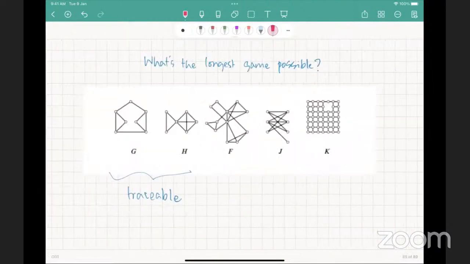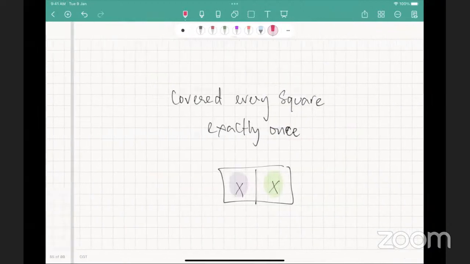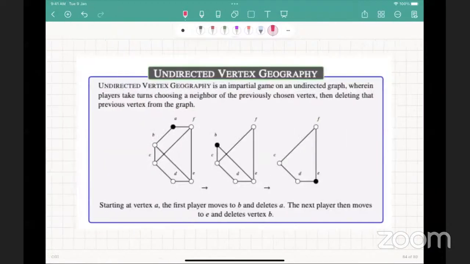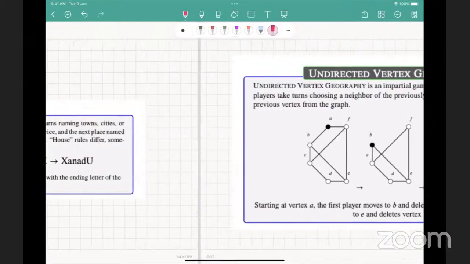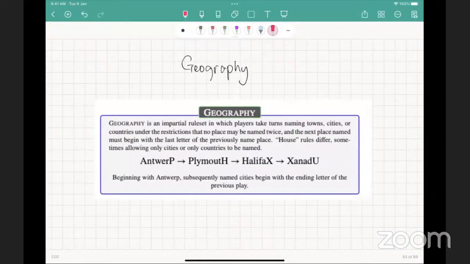And now there are a couple of variations on this that I had mentioned in passing last time, which is to say that your graph could be oriented, the edges could have directions, which is more faithful to this original game, because notice that, for instance, you can go from Plymouth to Halifax, but you cannot come back from Halifax to Plymouth. On the other hand, there are examples of words where you can go both ways. If you have a word that starts at some letter and ends at some other letter, and you have another word where it's the opposite, then it's flexible.